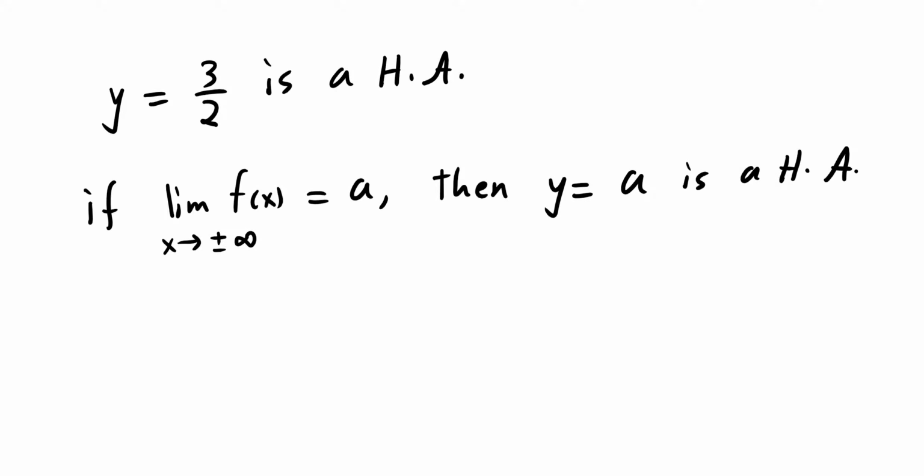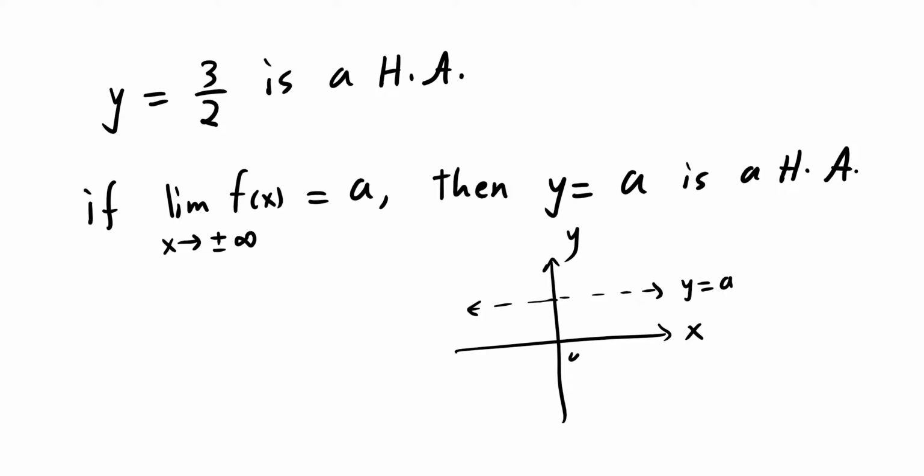So what does that mean? This means as we travel, if you have a horizontal asymptote like this, y equals a. If a graph goes this way, as x goes to positive infinity, and the graph is approaching y equals a, automatically y equals a is a horizontal asymptote. Same way with x approaches negative infinity.